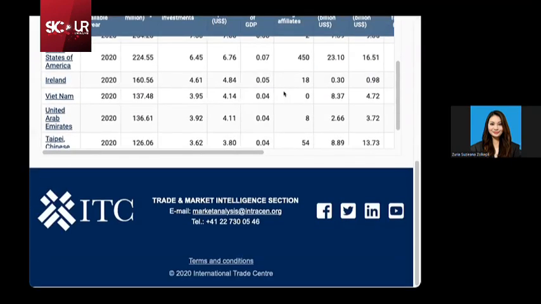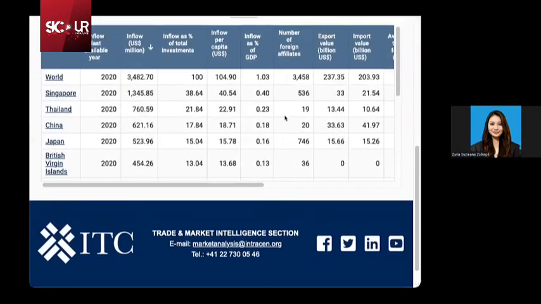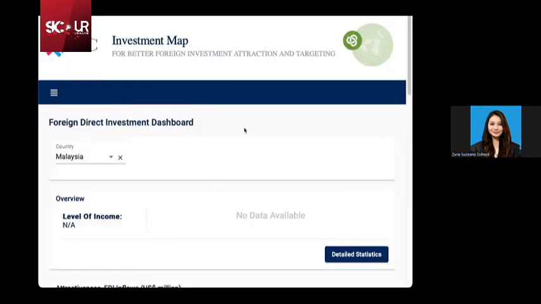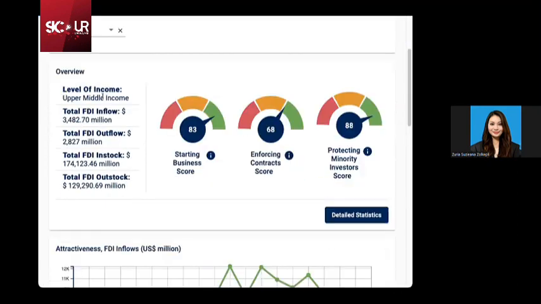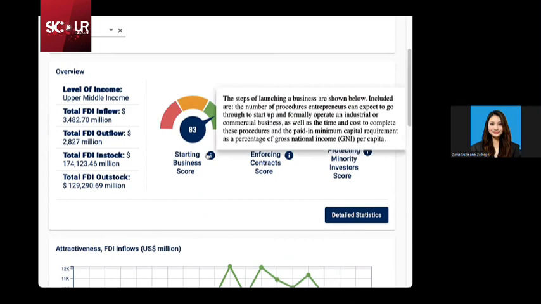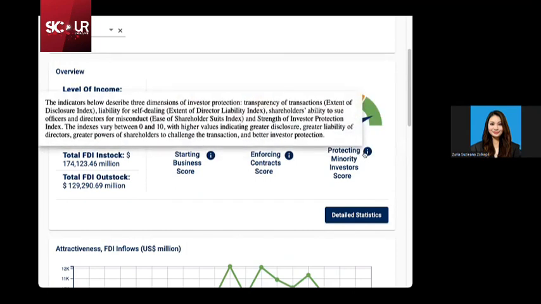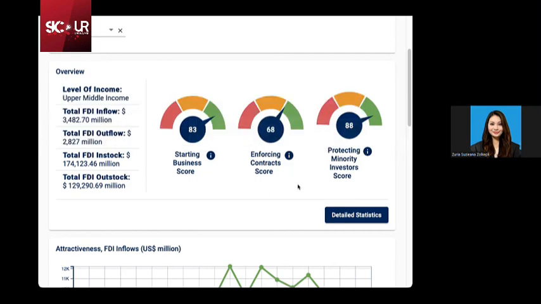You can find it here, and this is the overview of Malaysia. The level of income is upper middle income. Nanti you baca. What does it mean here? You can click here, and for starting a business, this type of information is shown below. Enforcing contracts, protecting minority investors, what does it mean, and so on. You can take a look here.